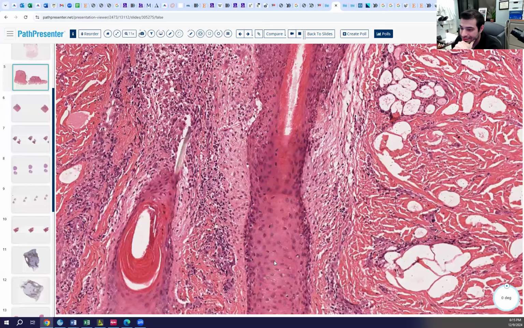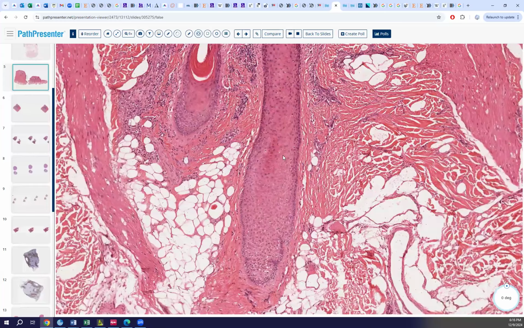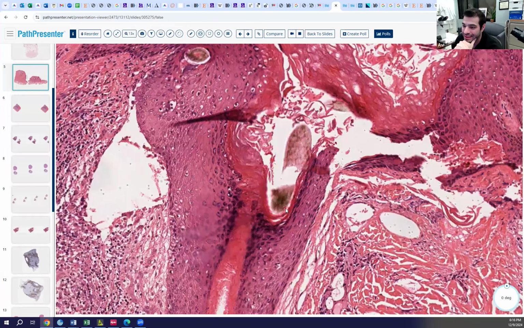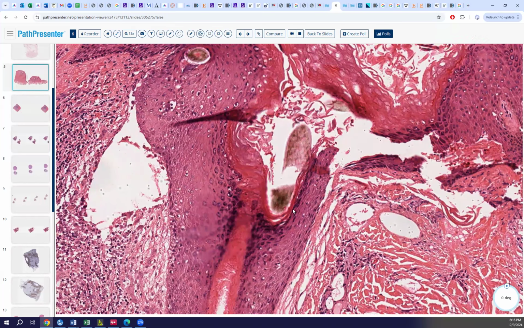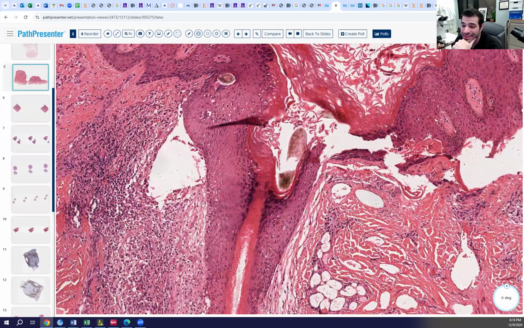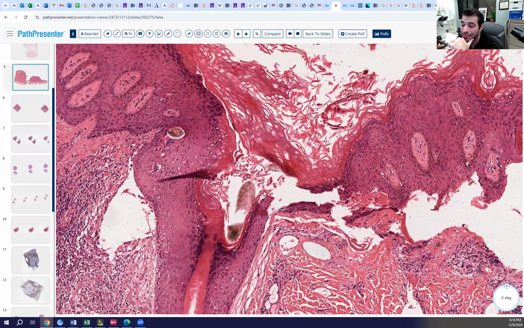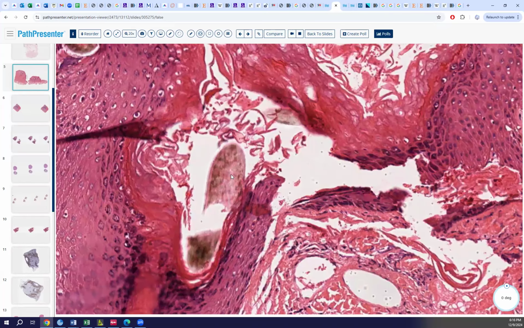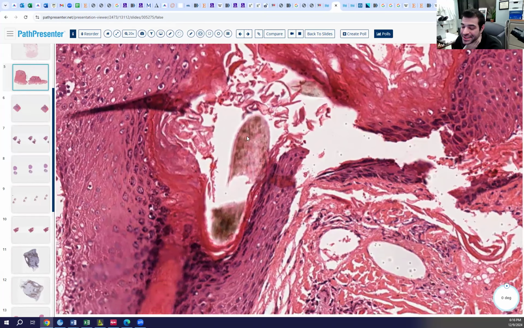What's this? What was previously a hair follicle? That's a hair follicle. And what's this? That's inside the hair follicle, coming out of the hair follicle. Is that a pigmented cast again? Well, it's not a cast. There's pigment in it, but it normally has pigment in a lot of people. No, this is a normal structure.